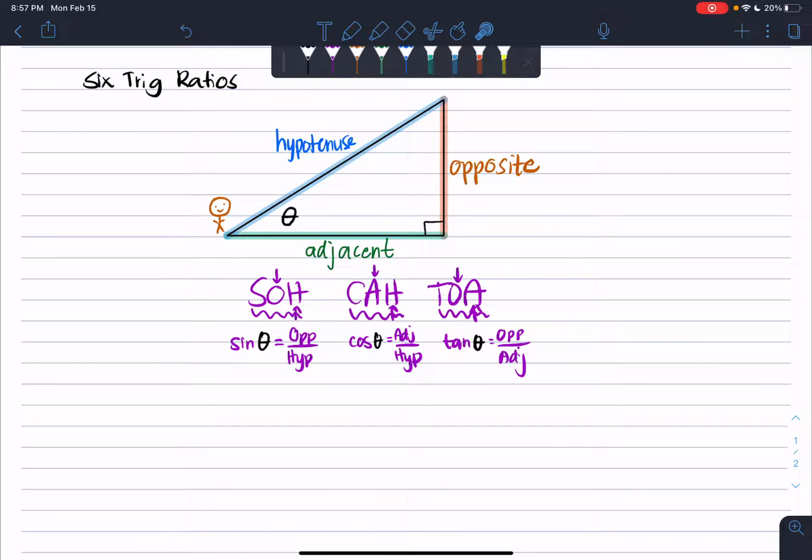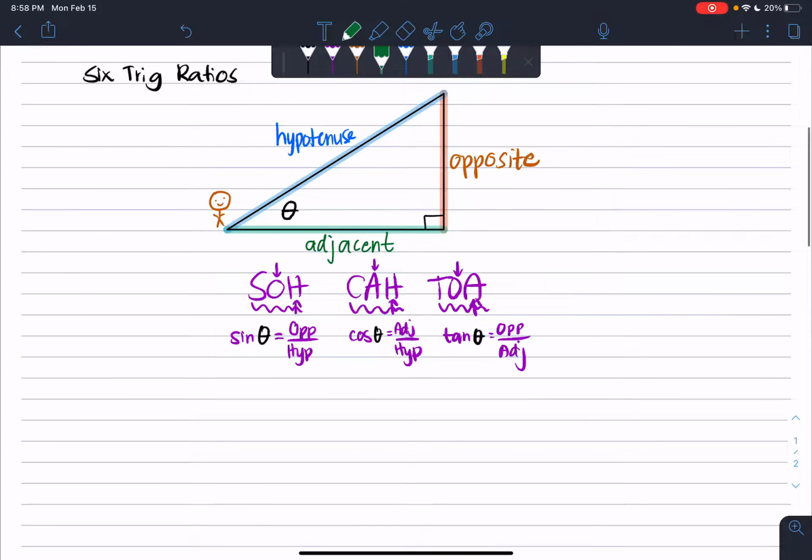We can use these three functions to get the other three trig ratios. So when we look at the next three trig ratios, all we have to do is take the reciprocal of each one. The first one here is going to be cosecant. So let me write that one down.